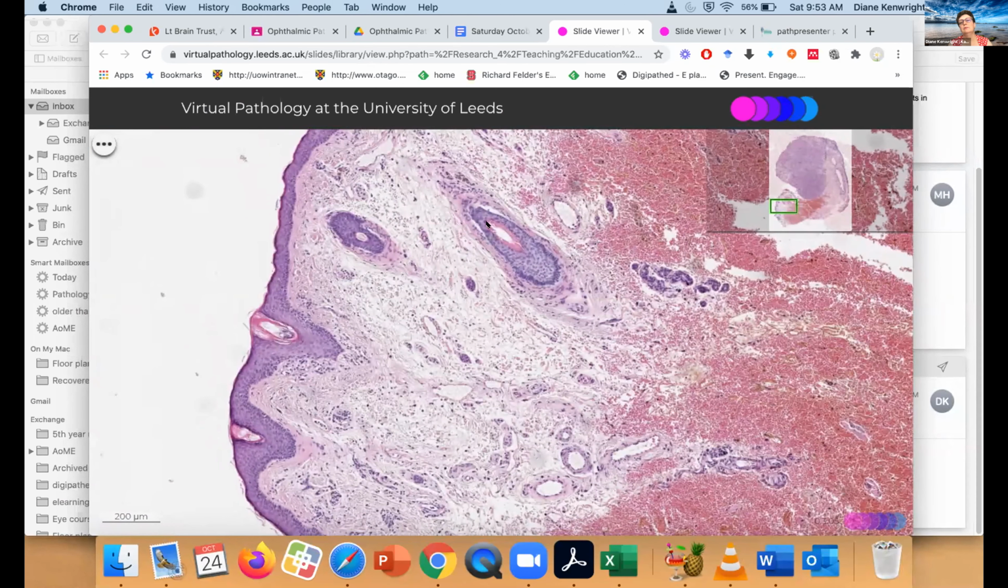Okay, so I'm now pretty convinced I've got a melanoma of the eyelid, and I think about prognostic features. The most important prognostic feature is the depth, the Breslow depth. So I would estimate that this was quite deep. It's at least 5 millimeters deep. So that's a high risk prognostic factor.